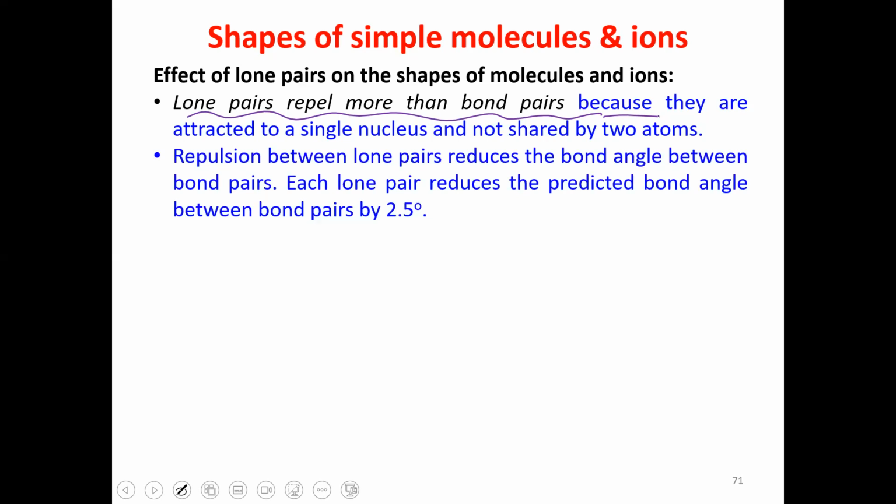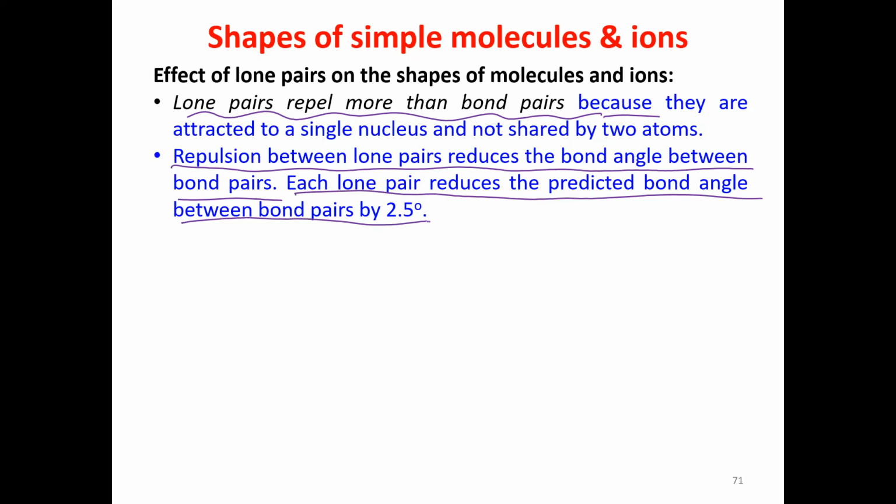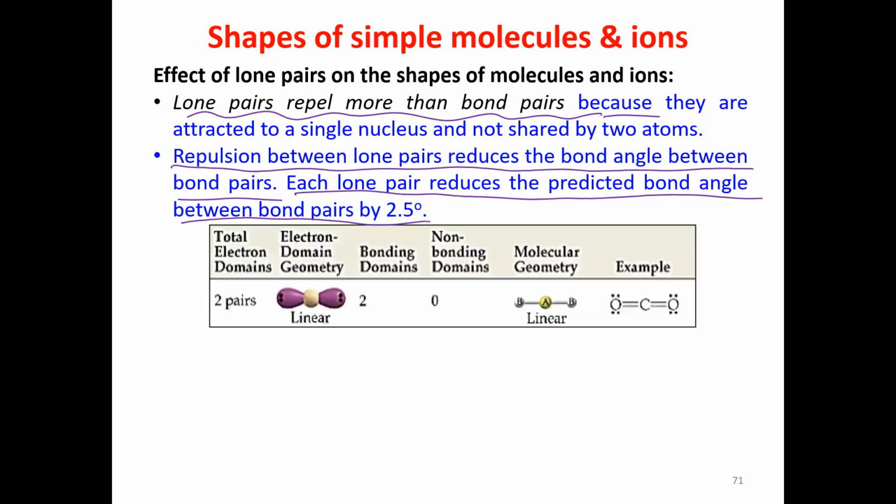Look at the point: repulsion from lone pairs reduces the bond angle between bond pairs. Each lone pair reduces the predicted bond angle between bond pairs by 2.5 degrees, typical examiner report language. And as I say, these languages have to be improved.